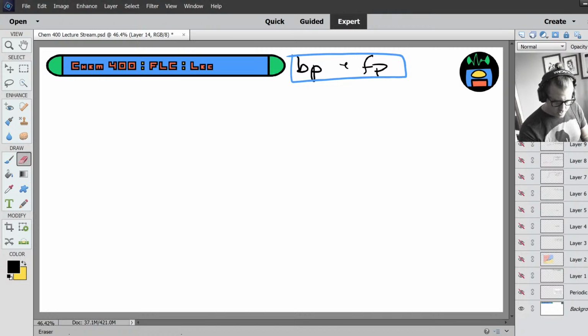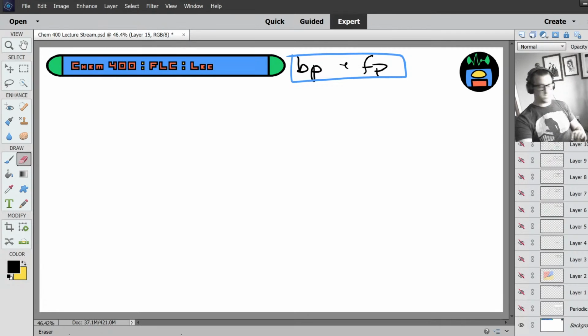All right, so let's take a look here. Boiling point and freezing point. The boiling point and freezing point of a solvent changes when you add solute to that solvent. So the presence of solute will change the temperature at which it boils and the temperature at which it freezes.